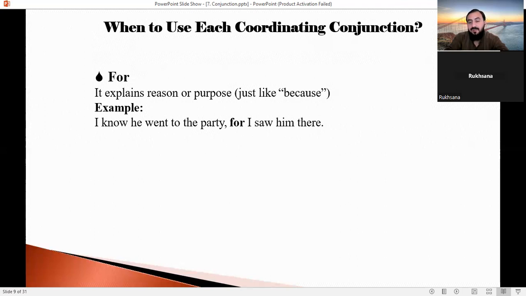No, you cannot say it this way. You have to use them in the middle of the sentence, as earlier there was a rule in the definition of coordinating conjunctions: they are used in the middle. You cannot use them at the beginning. That will be incorrect. They should be used in the middle.